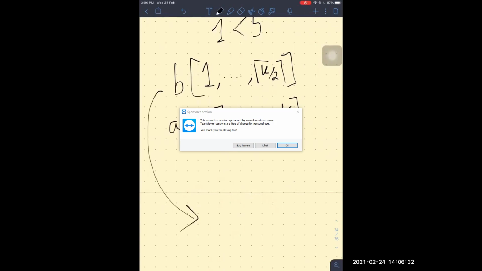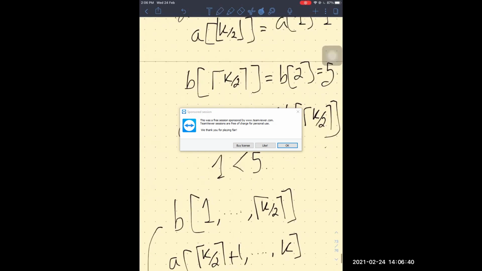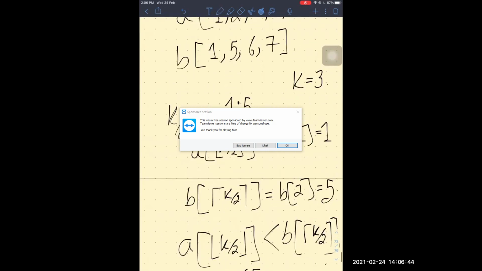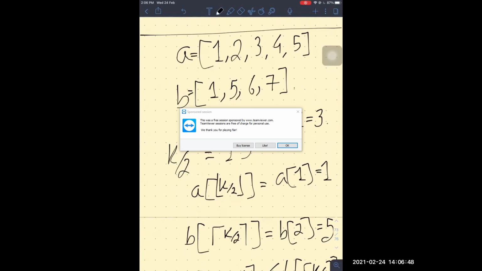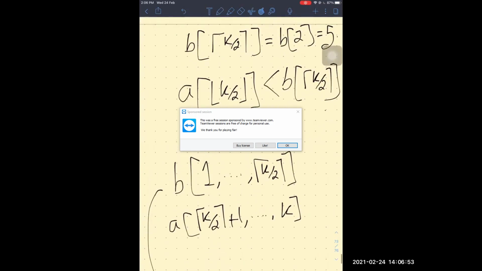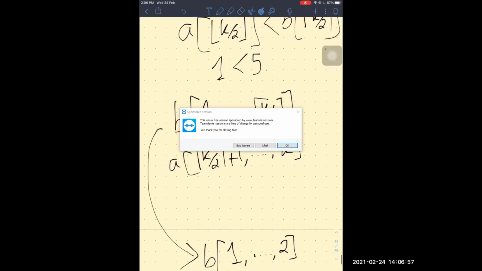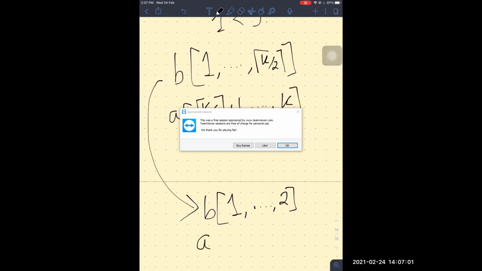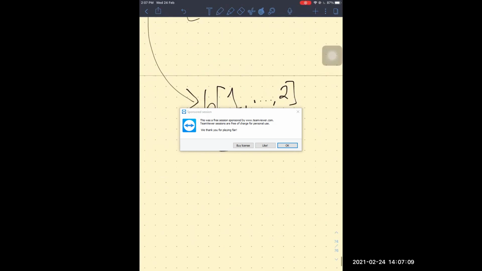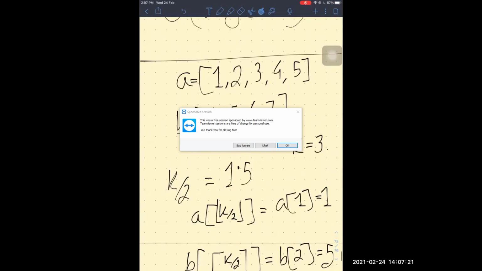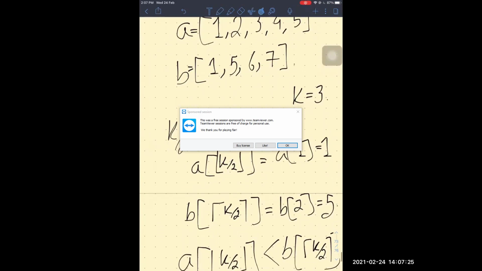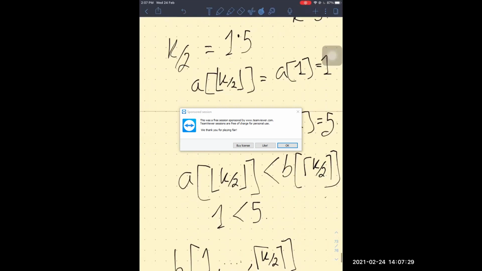So basically it is saying that the third smallest element will lie between these locations, which are, for B, 1 and 5, and for A, 1, 2, and 3.